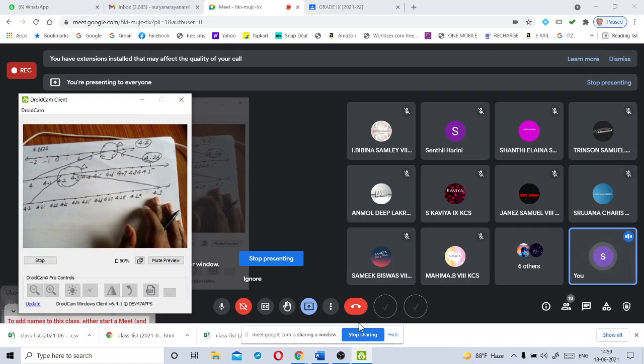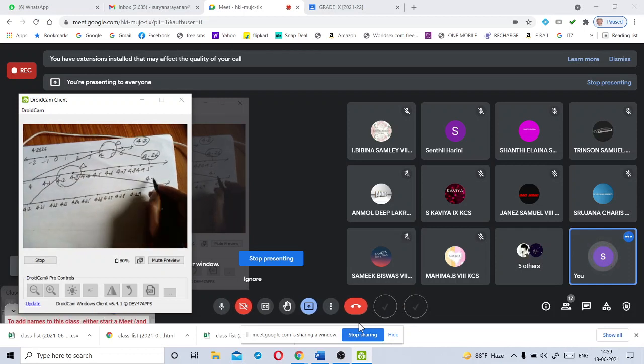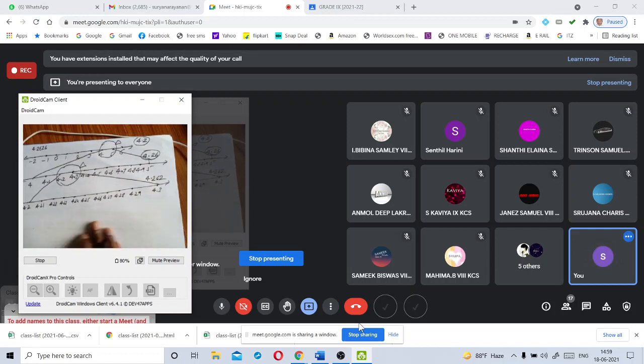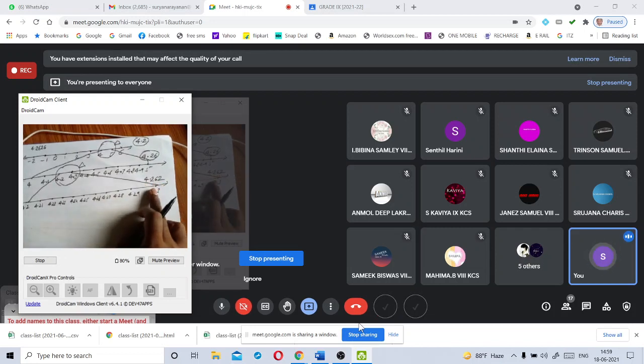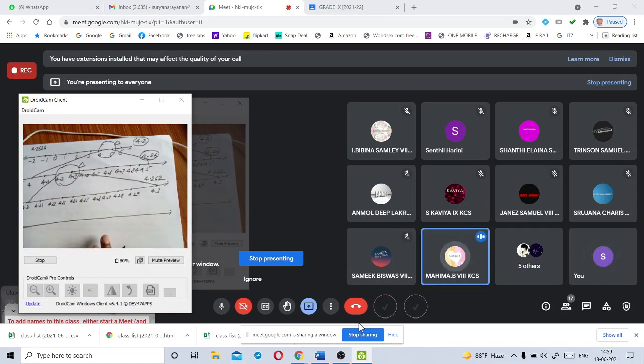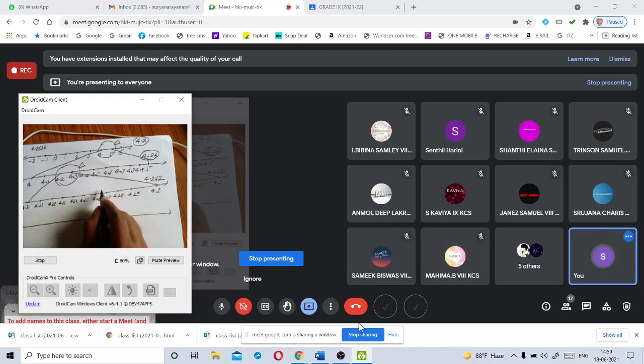After writing these numbers on the number line, again take the first three decimal places. What will you get here? 4.262. Yes or no? This number lies between which numbers? 4.262 lies between 4.26 and 4.27.